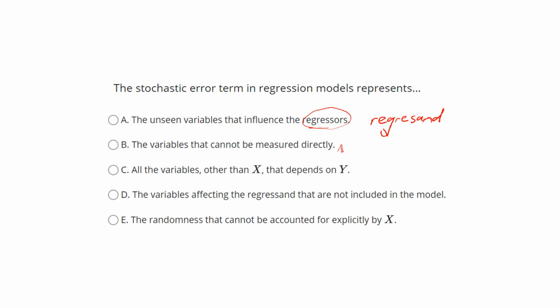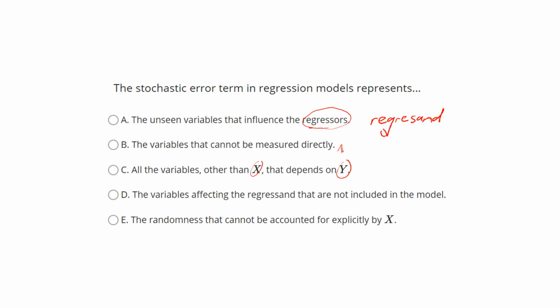C, all the variables other than x that depends on y. So usually in a regression model, y is the dependent variable and x, or the x's, are the independent variables. So it's usually y that depends on x. And this statement goes the other way.